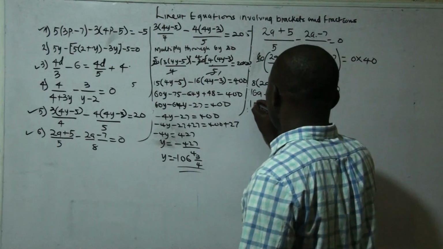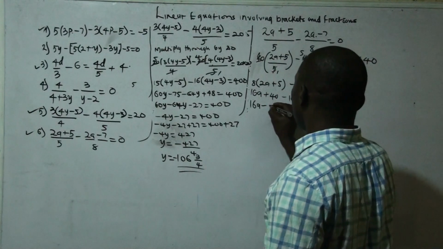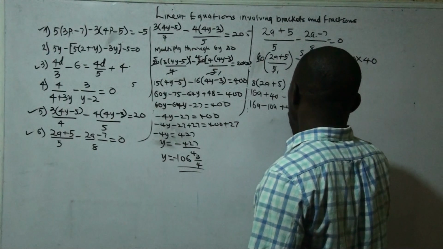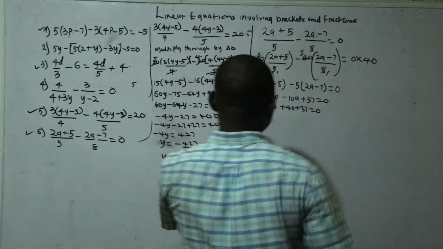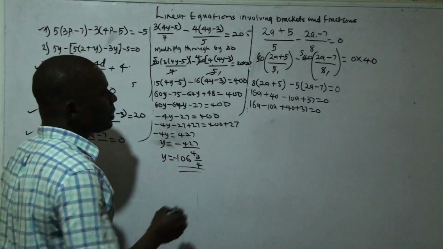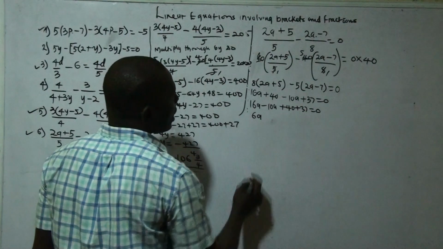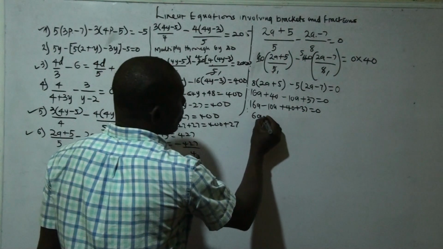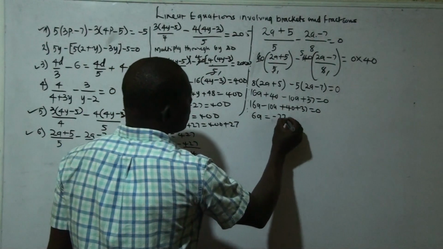This is 16a, the one with the unknown, minus 10a. This is plus 40 plus 35 is equals to 0. 16a minus 10a gives us 6a. This plus this gives us 75. So this 75 we move to the other side, it becomes minus 75.